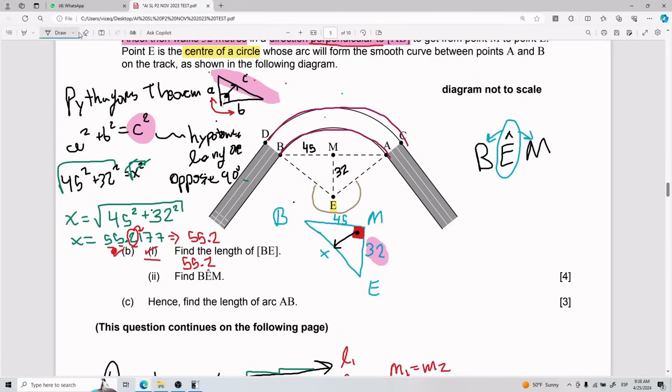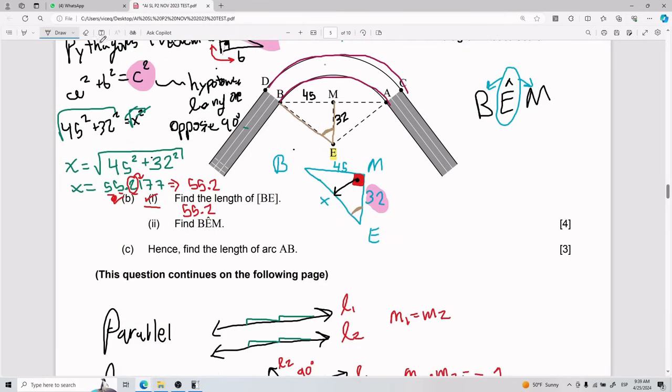Okay, so how do you know which is which? Well, they give you the B and the M, right? And because we're in this context of the triangle, it makes a lot of sense that you will be saying, okay, I'm looking for the angle that is enclosed by B and M, the one next to it. Okay, I'm looking for this angle, see? Which is this angle here. And so now this triangle has more information.